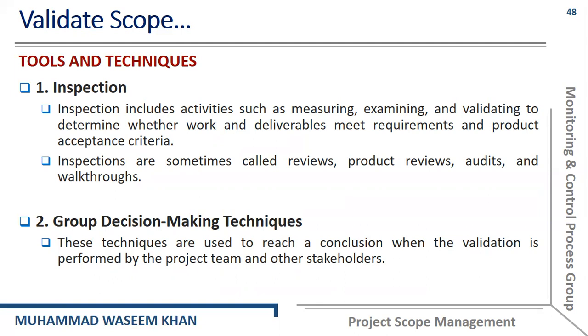So in inspection, we measure, we examine, and we validate whether the work and the deliverables that are produced meet the requirements and the acceptance criteria as well. Inspections are sometimes called reviews, product reviews, audits, or walkthroughs. So we can call inspection a review, a product review, an audit, or a walkthrough.